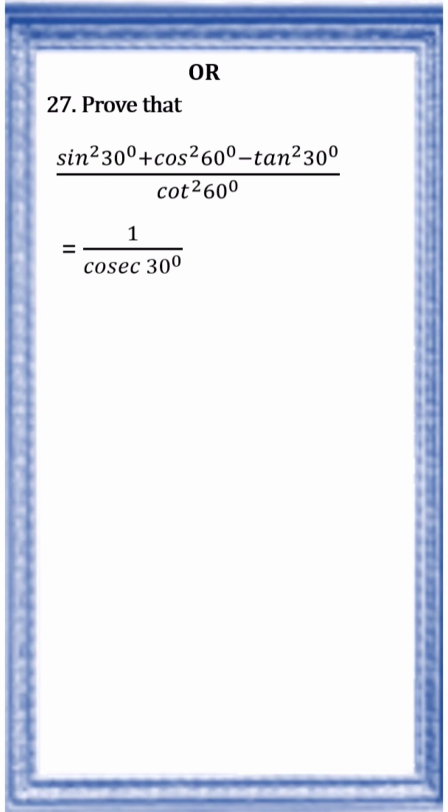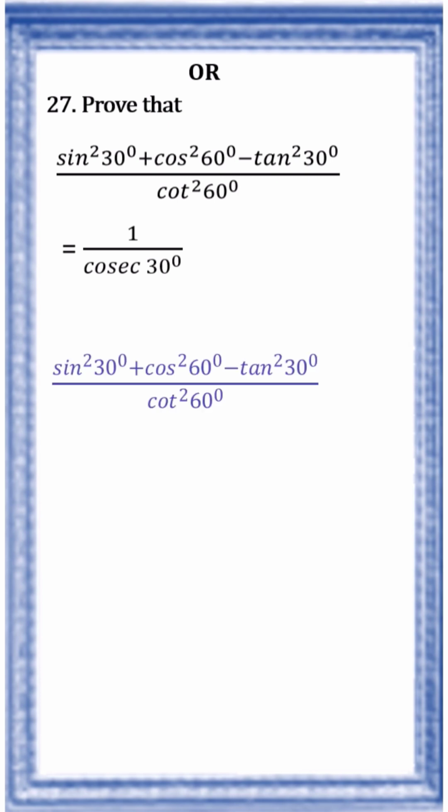There is an internal choice for the 27th question. Prove that sin² 30 + cos² 60 minus tan² 30 upon cot² 60 is equal to 1 over cosec 30. Now LHS is sin² 30 + cos² 60 minus tan² 30 upon cot² 60.